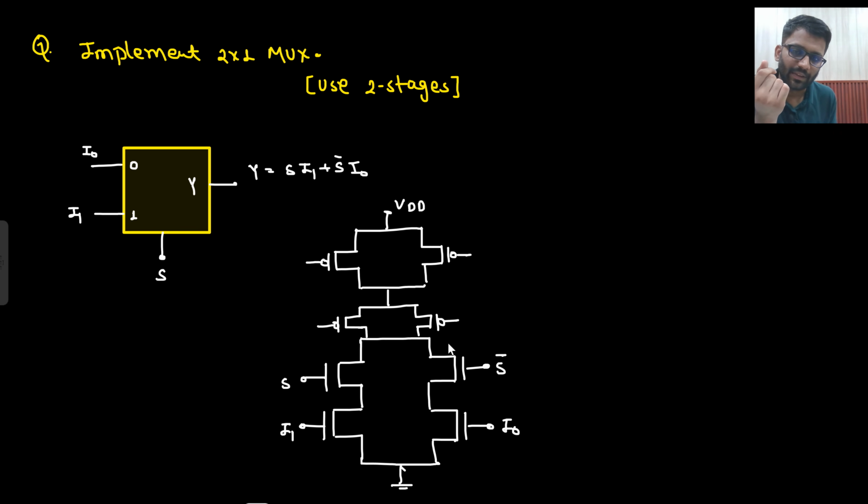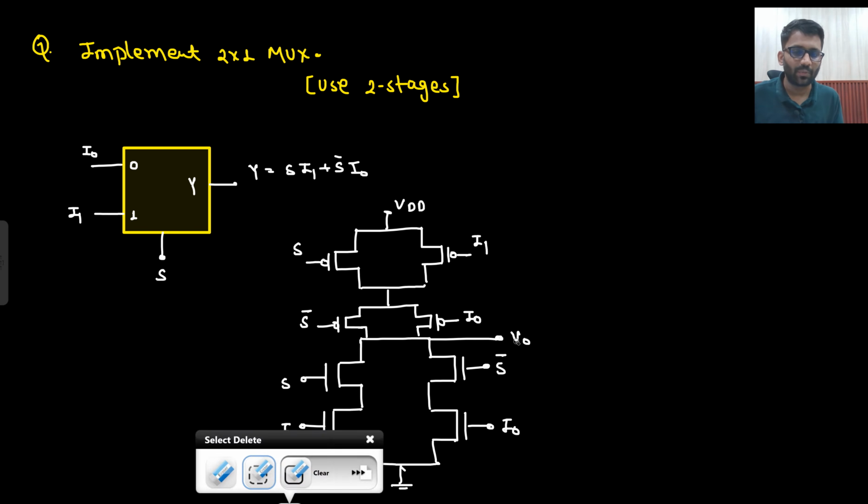This is VDD. Okay, so S I1 and this is my output, S I1 and S bar I0, right? S bar I0. Both are in parallel. If both those are in parallel, they are in series.